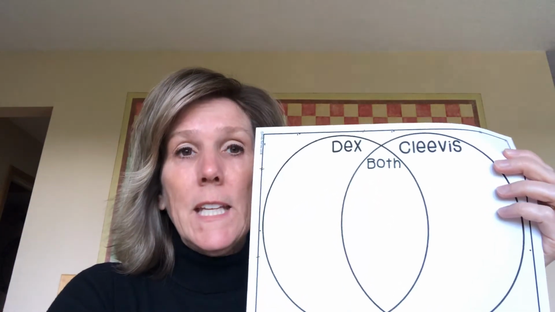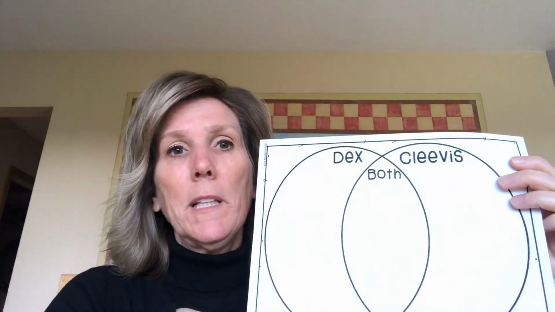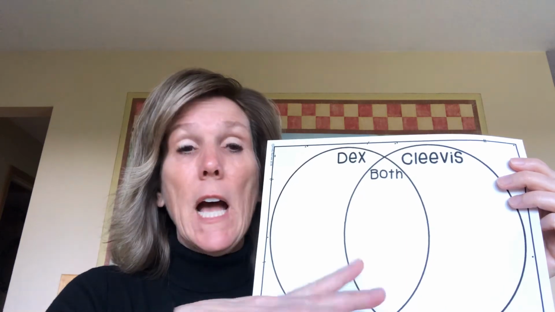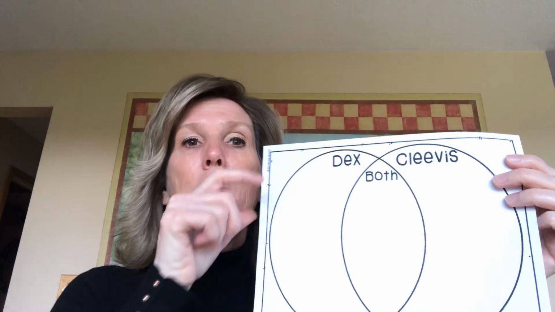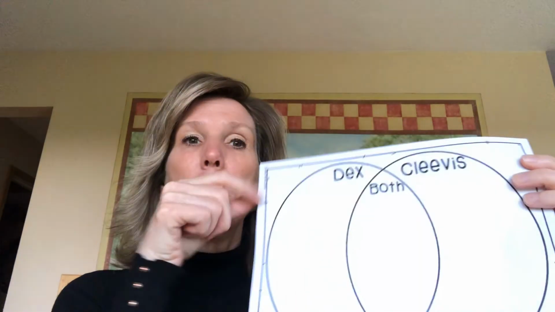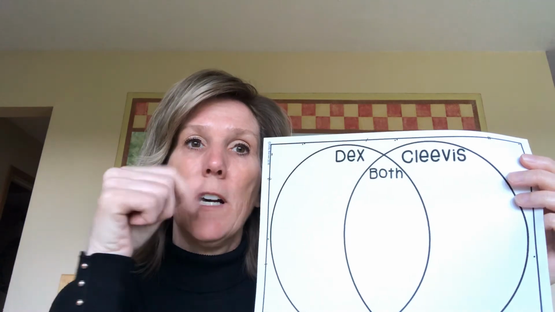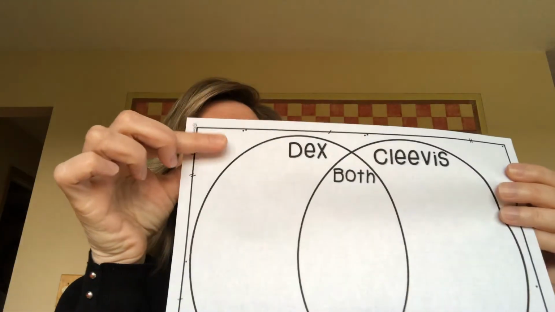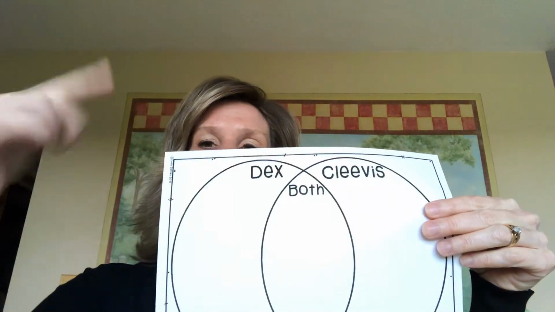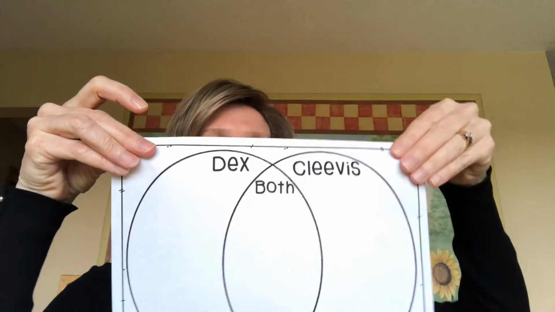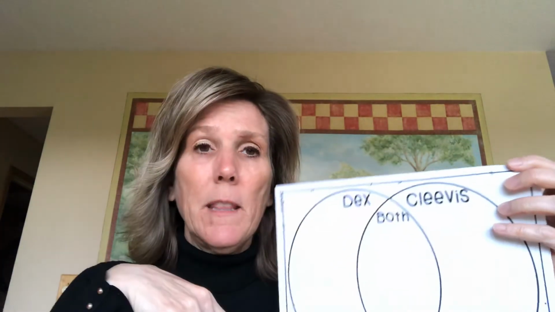Now, in the packet with the Venn diagram, this is going to be completely up to your parents because it's a lot of printing. I didn't even print it out here at home because the packet is long. But if we were in school, this would be one of the things we would hang on the cabinet doors above your cubbies, because we would actually make Dex and we would make Clevis, just their heads, and we would put Dex on this and Clevis here. I put all those patterns in the packet.